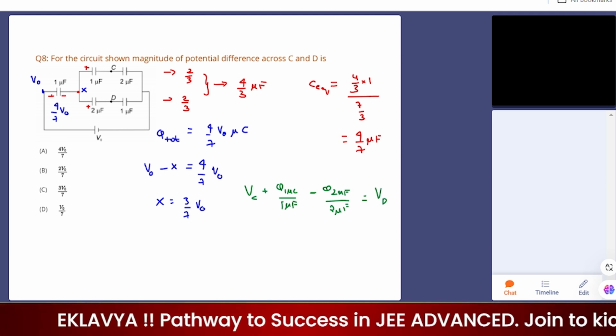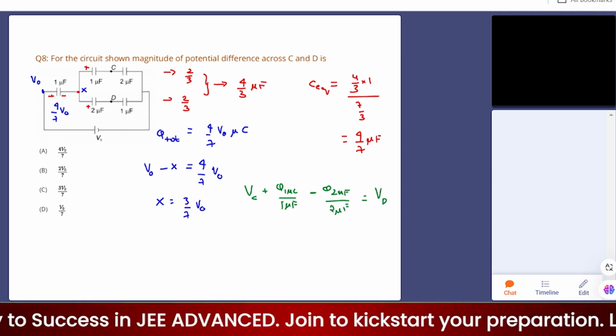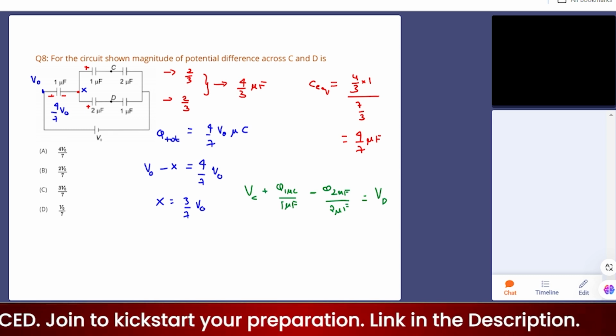The balance will be at point D. Now my target is to find these charges across the 1 microfarad and 2 microfarads.